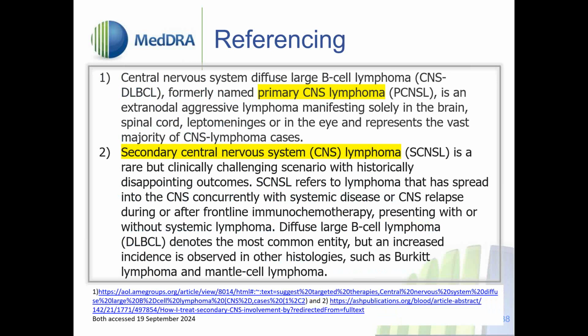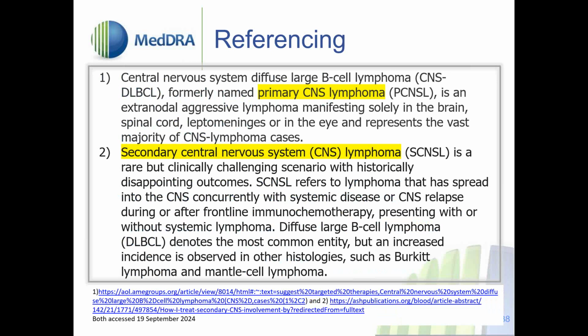Secondary CNS lymphoma represents a different condition. The term refers to a lymphoma that has spread into the CNS concurrently with a systemic disease, or to a CNS relapse, like in our case, during or after therapy, presenting with or without systemic lymphoma. It is most frequently observed in DLBCL, but it can also be seen in Burkitt lymphoma or mantle cell lymphoma, for instance.